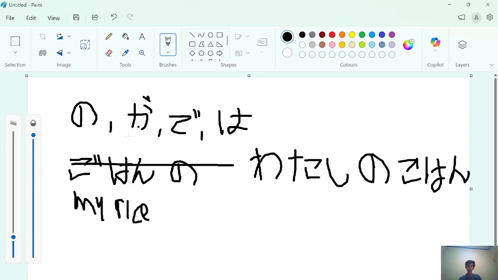And the next one we have ga. So this particle is used to describe an existence. So for example, there is a school. In Japanese, school is gakkou. So we add ga.